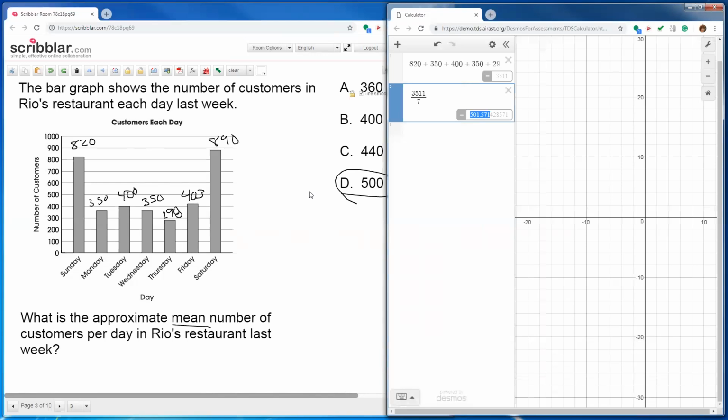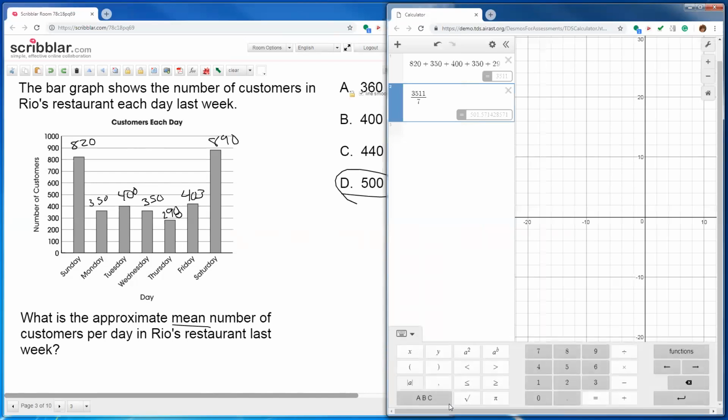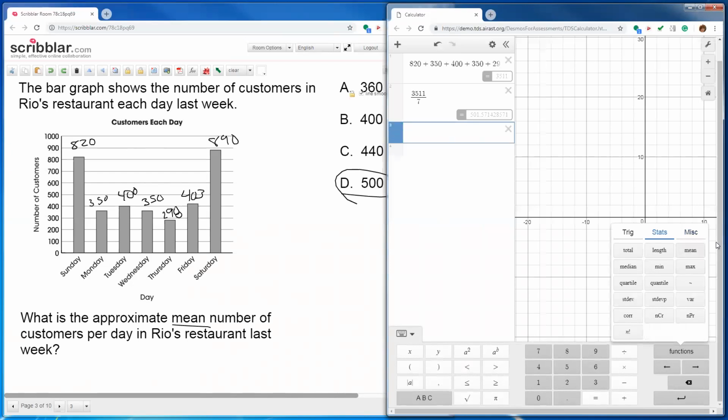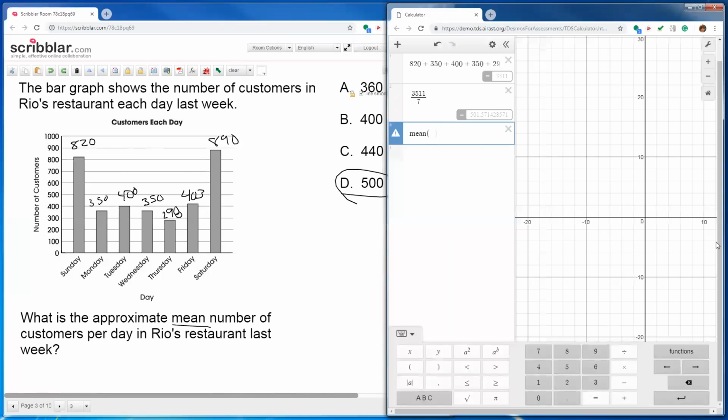So if you want to get super fancy, this calculator actually has some super fancy features. This button that says functions pops up a new menu. And there's a menu called stats for statistics that actually has a mean button. So you can actually let the calculator calculate the mean for you.